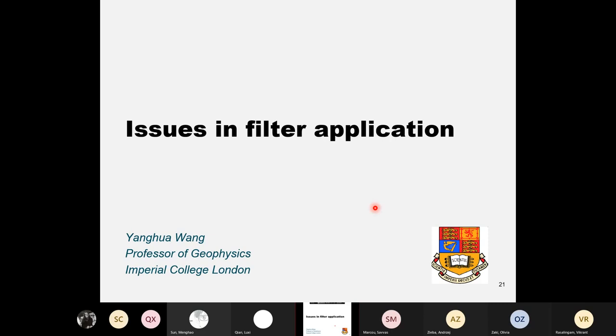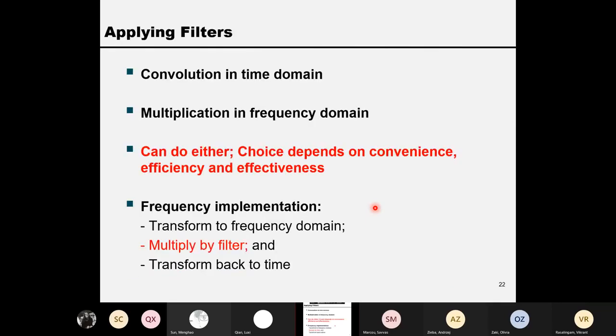Now we're talking about the applications. When we apply a filter, we can implement the filtering in two domains, either in the time domain or in the frequency domain.